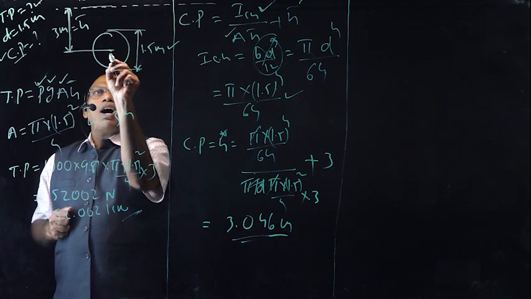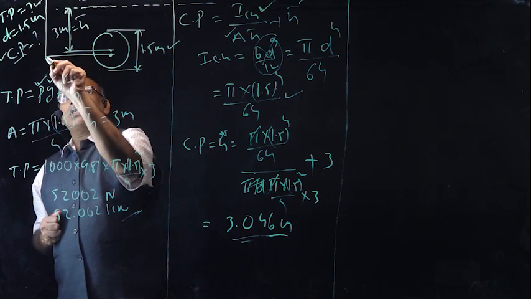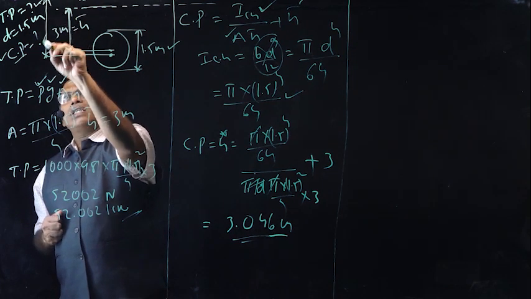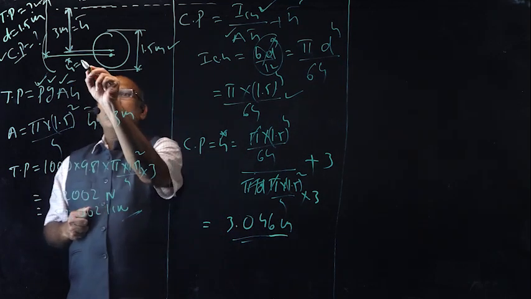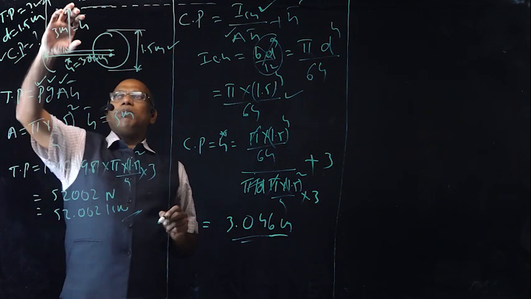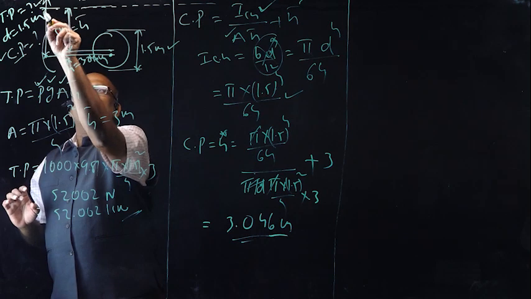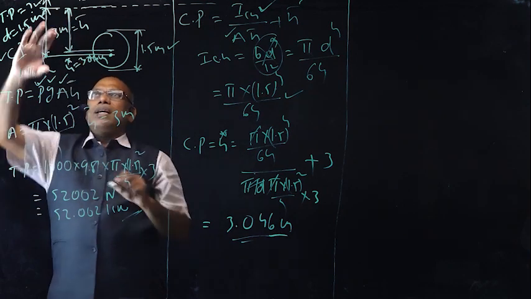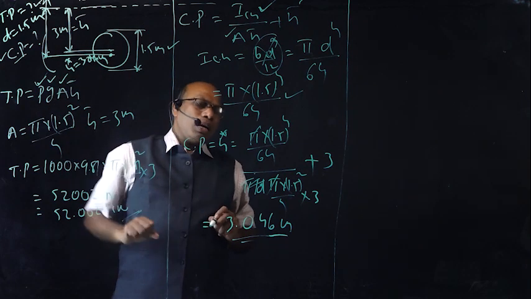The center of pressure is always below the H bar. This is the center, H star. H star is equal to 3.046 meters. H bar is equal to 3 meters. H star, that is the Cp, center of pressure, is equal to 3.04 meters.